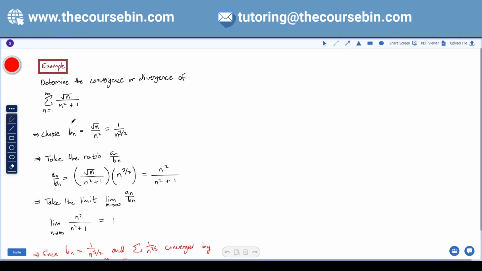So for the limit comparison test, you still have to choose some function b sub n. Again, you see how we're dealing with a complicated looking series here, so we chose a simpler series to deal with. This simpler series simplifies to become 1 over n to the power of 3 halves. After that, we just take our ratio, a n divided by b n, which gives us this result.